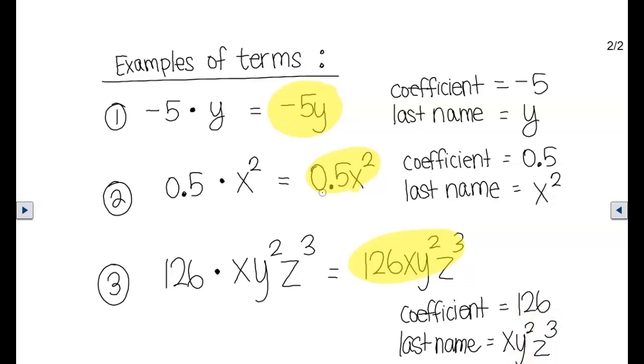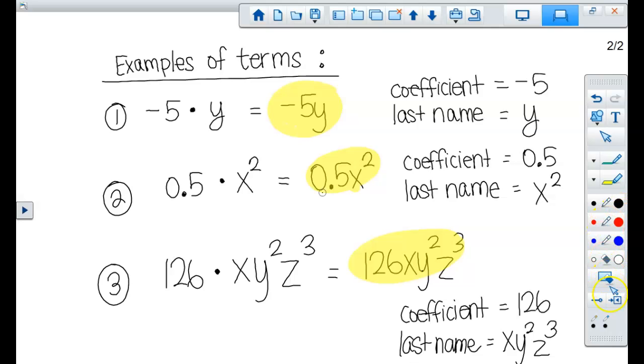So notice, the last name, the variable part, contains all of the variables along with their exponents. So -5y, number part times variable part. 0.5x squared, number part times variable part. 126xy to the second z to the third, number part times variable part. These are all examples of terms. They all have to have those two elements.